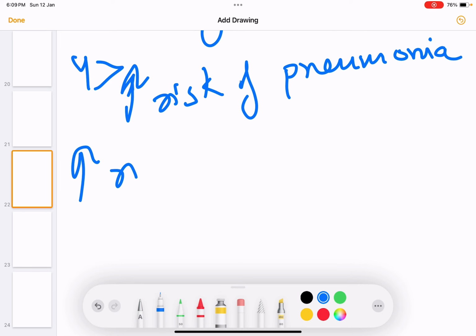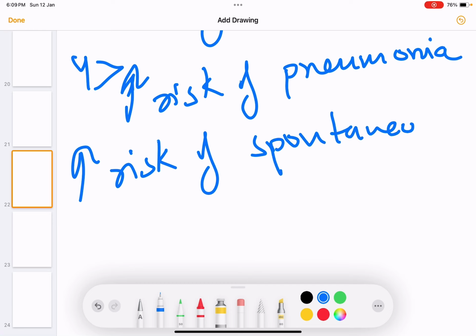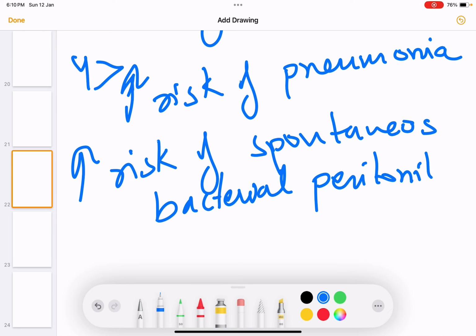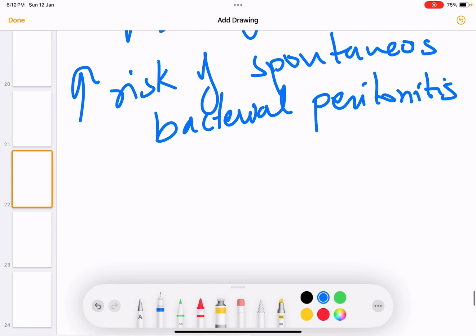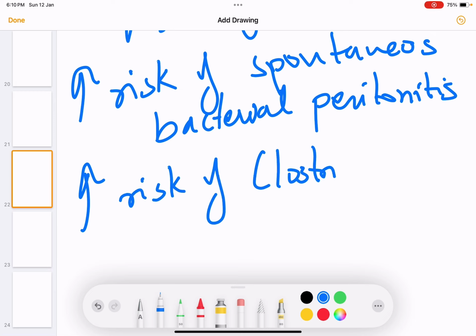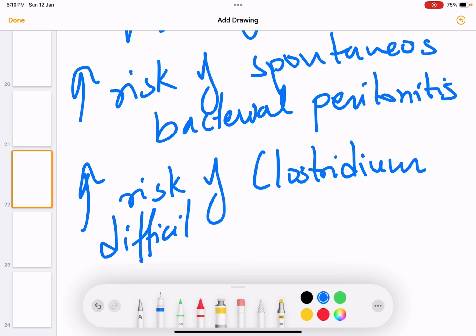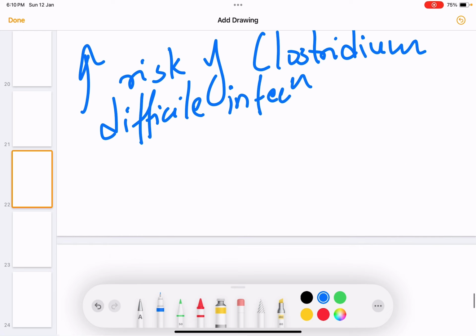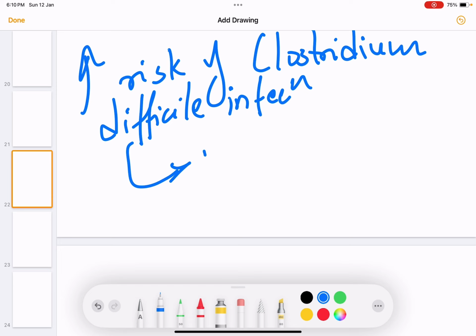There is increased risk of spontaneous bacterial peritonitis. There is also increased risk of Clostridium difficile infections, and it can lead to pseudomembranous colitis.